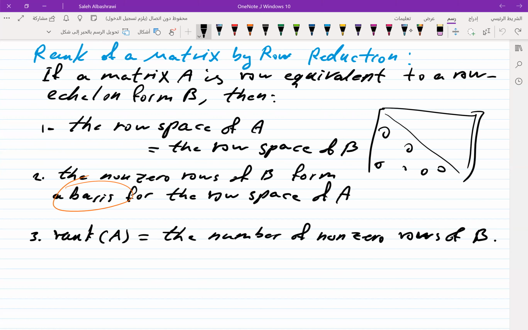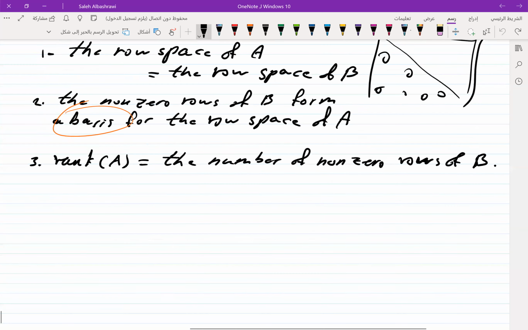Let's see what the meaning of these three points. Take this example.